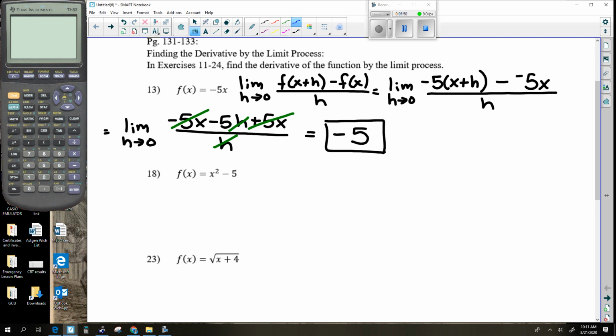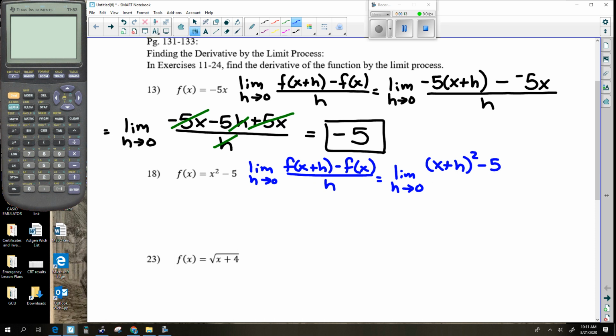All right, number 18, the limit as h goes to 0 of f of x plus h minus f of x all over h. So f of x plus h is going to be x plus h, squared, minus 5.